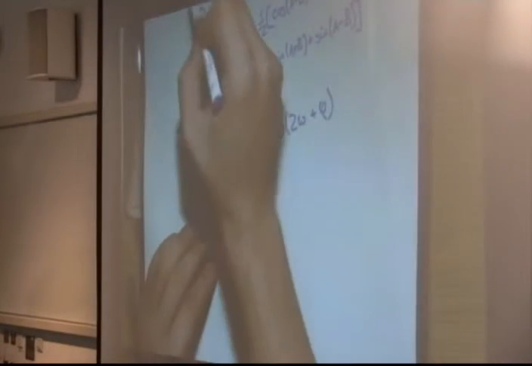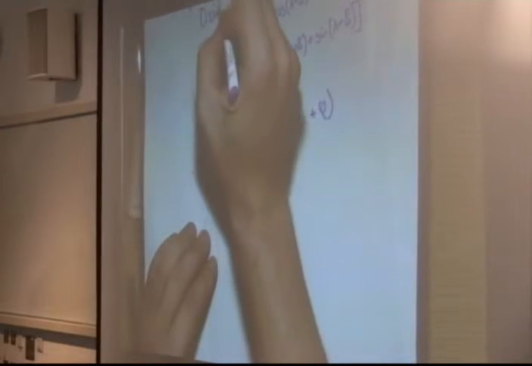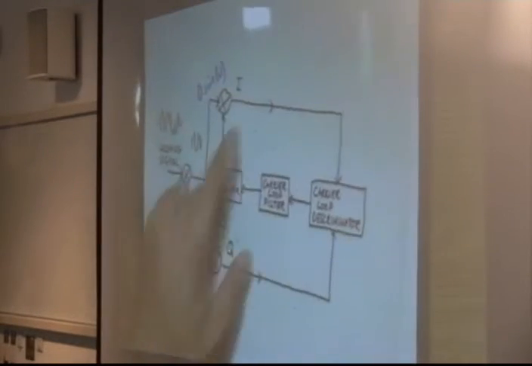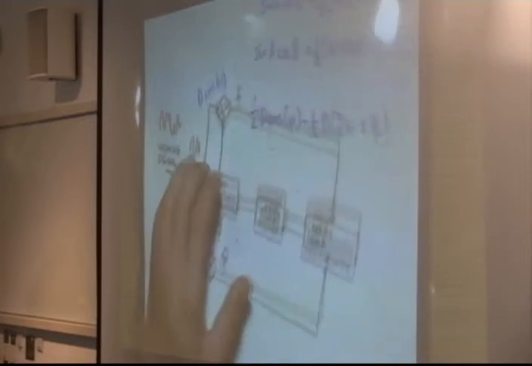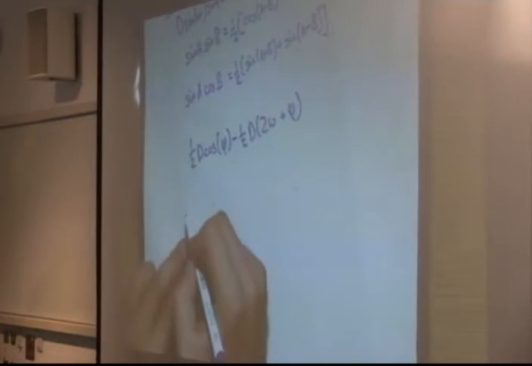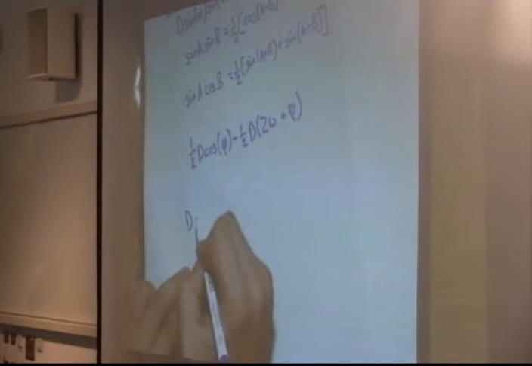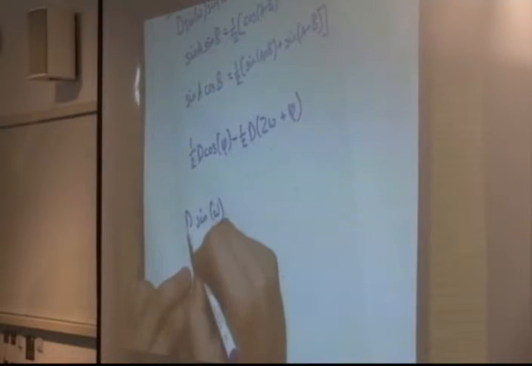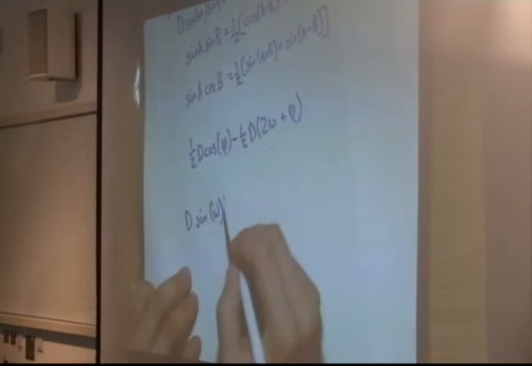So this is all for the I arm. This is what's coming out of here. And then in the Q arm, it's the same kind of story. It's d times sine, so the data modulated by the satellite onto the RF frequency.